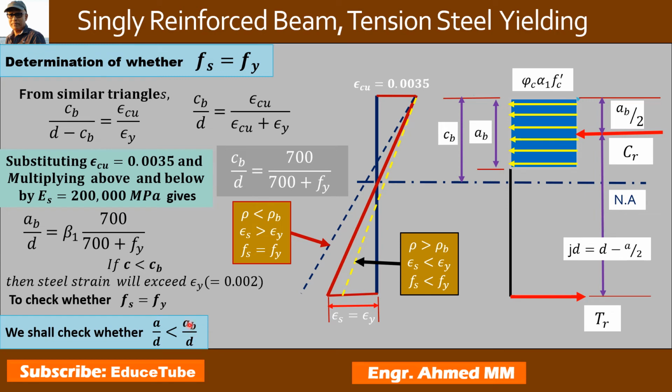This is the balanced one. But the question is, this value most of the time comes more than 0.5. So our value will always be less than 0.5. Then we are okay. So let's move ahead.